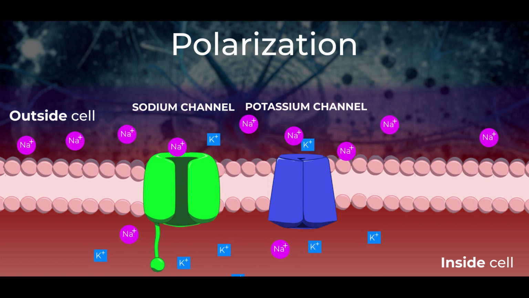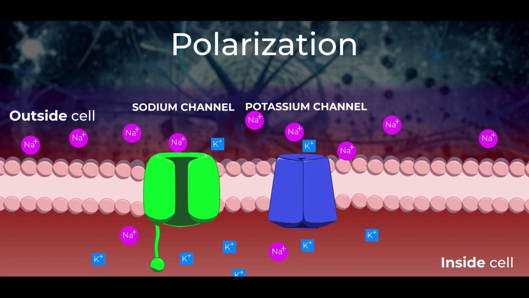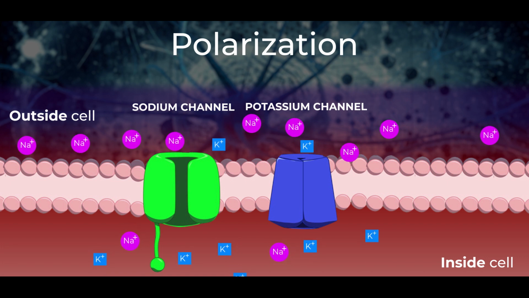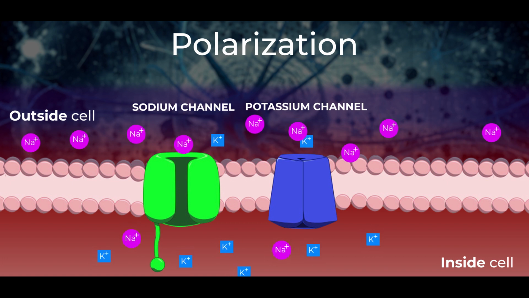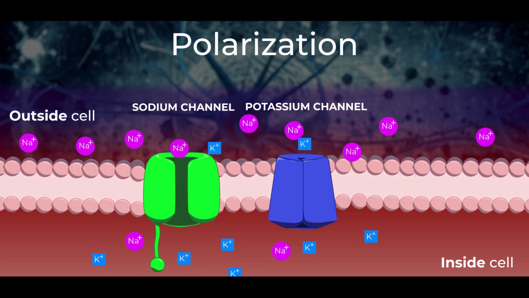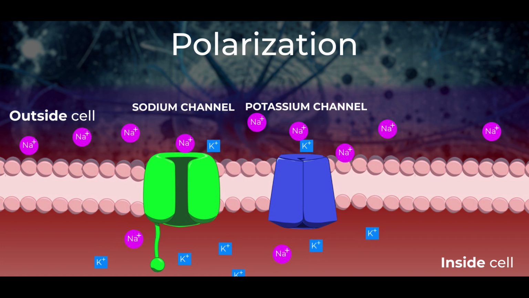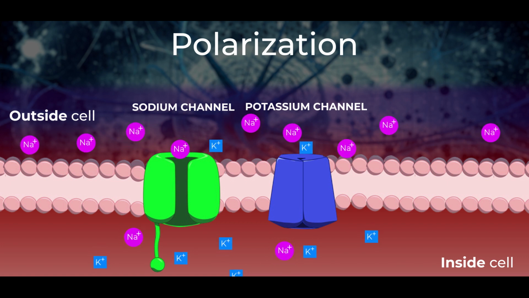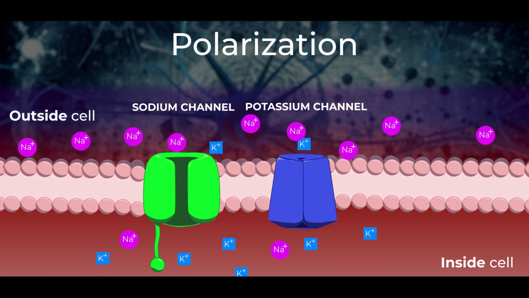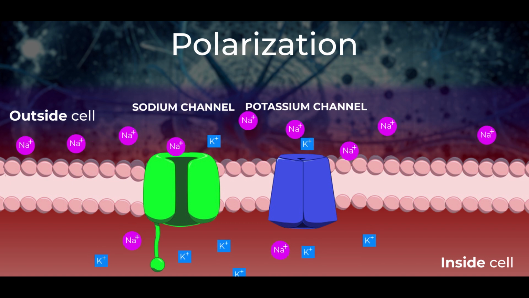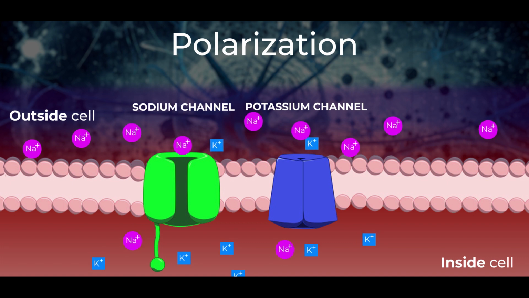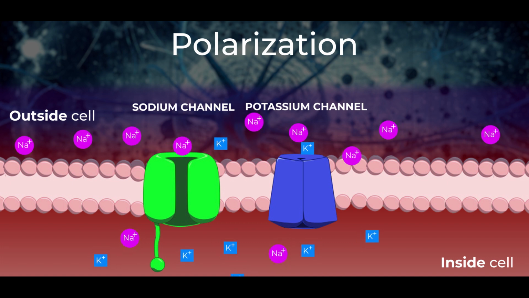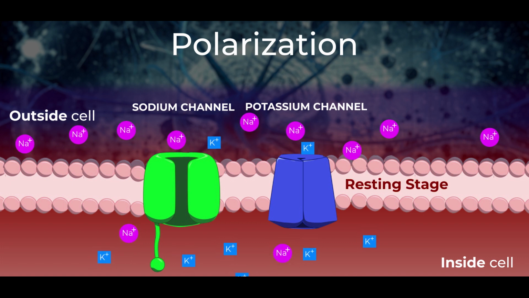Now during the resting stage, one thing we have to remember: the amount of sodium ions which filters inside the exoplasm is very less compared to the amount of potassium ions which comes out. So less sodium moves in, while more potassium moves out of the axon fiber. This happens during the resting stage.